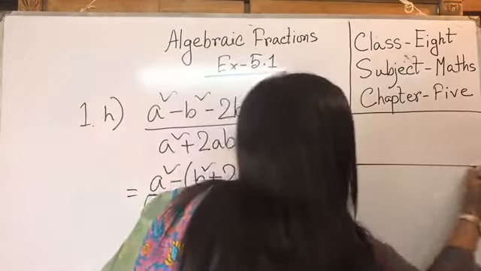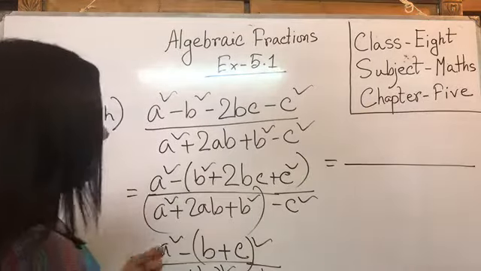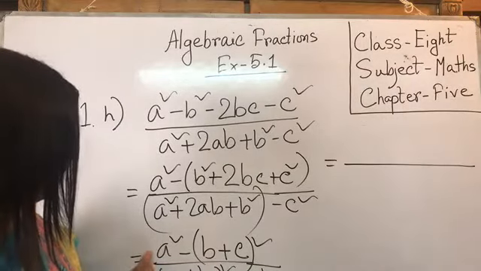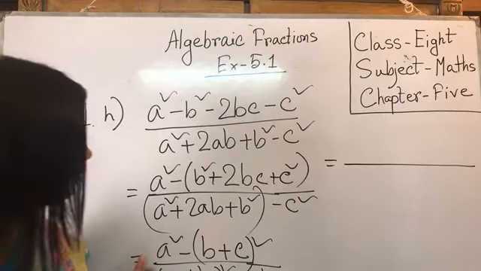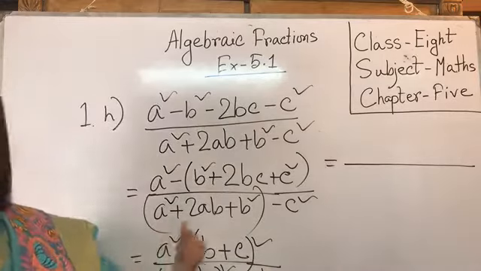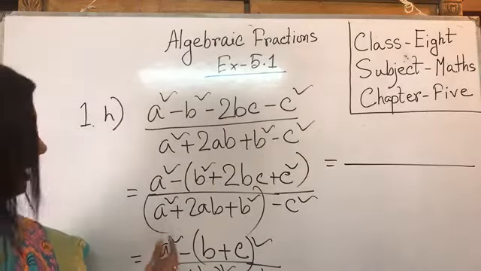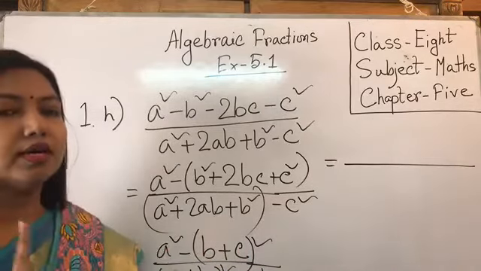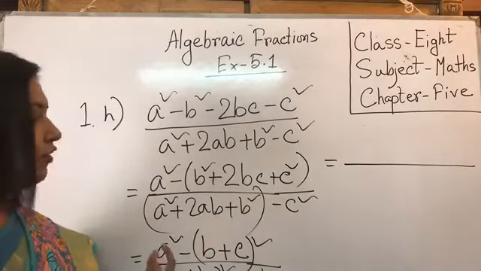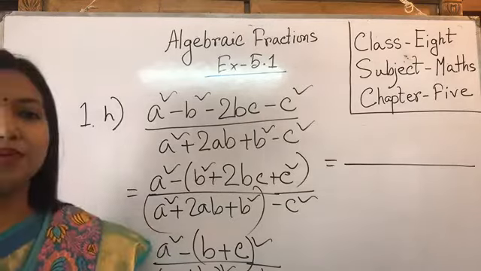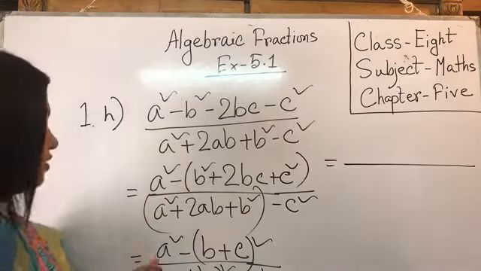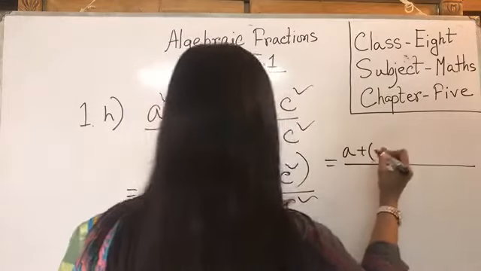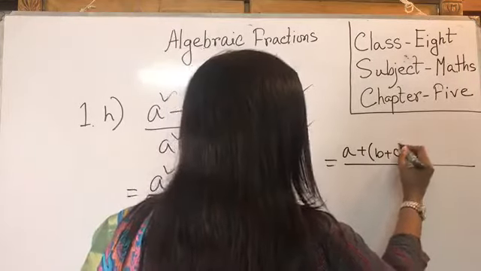See, dear students, here also a formula has formed. Where is this? A square minus b square. A square minus b square. So what is the formula for a square minus b square? A plus b into a minus b. So how can I write that? A plus b, where b means b plus c.